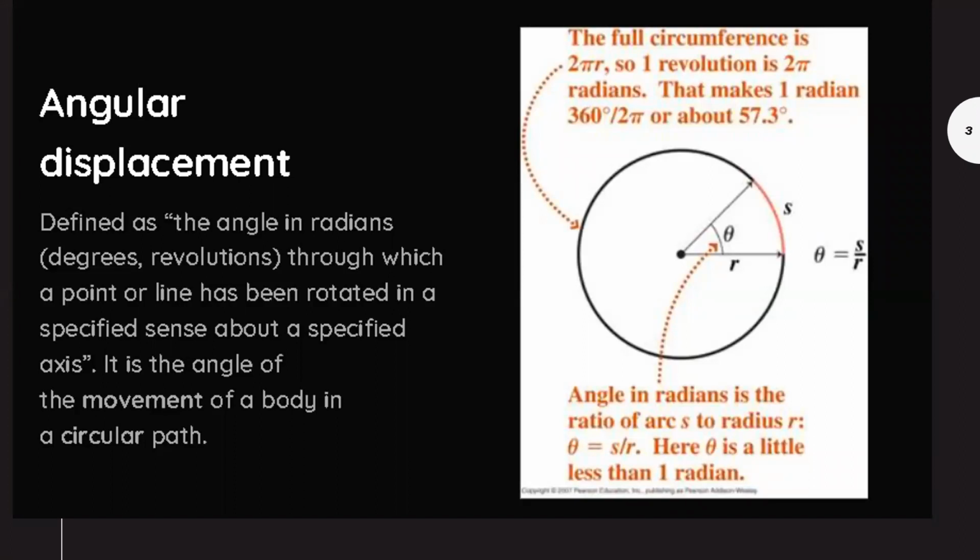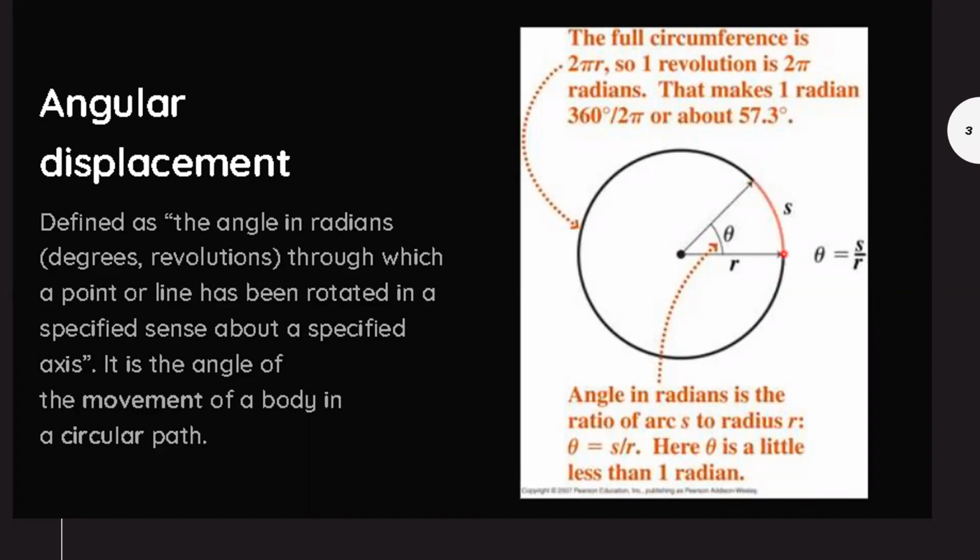Let's start with the angular displacement. Its definition is the angle in radians, which could also be degrees or revolutions, but the most common is radians, through which a point or line has been rotated. If you have an object that rotates, like the Earth we talked about yesterday, this is a rotational motion. The Earth starts moving from this point up to this point. Do we have to find its linear motion?